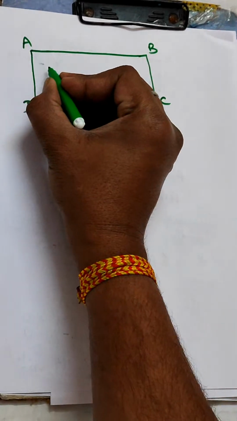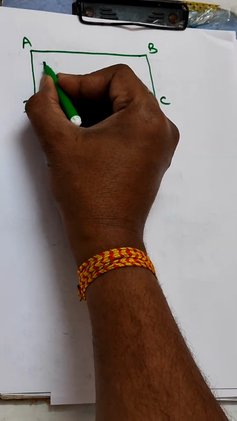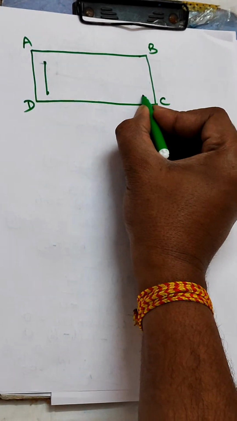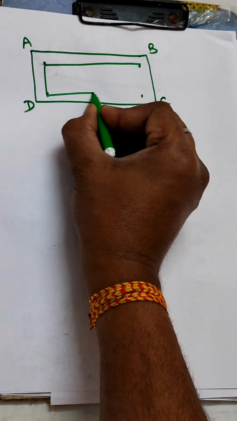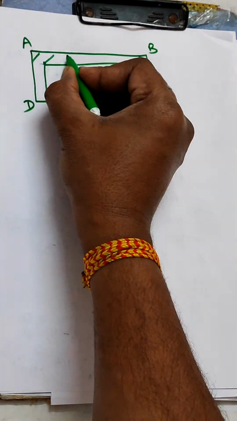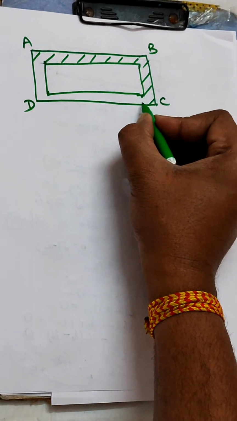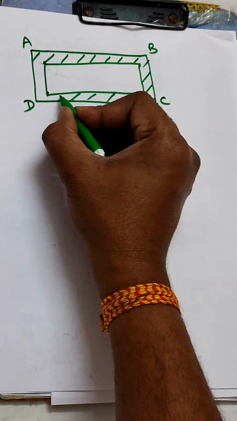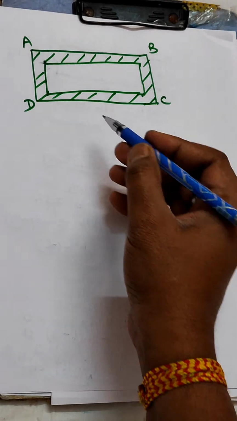So read the words very carefully. Inside. So let's say this is the footpath. Let's say this is the width of the footpath, okay, and this is running like this. So this is the footpath. Right? Now, in this question, it's given that a footpath of uniform width.